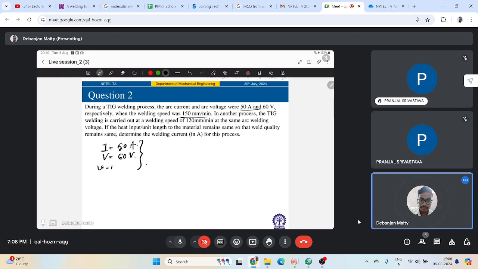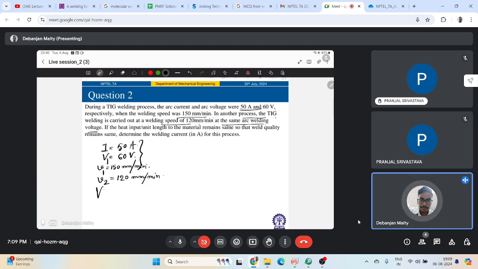So V is 150 mm per minute. In another process, the TIG welding is carried out at a welding speed of 120 mm per minute. So let's say this is V1 and my V2 is 120 mm per minute at the same arc welding voltage.